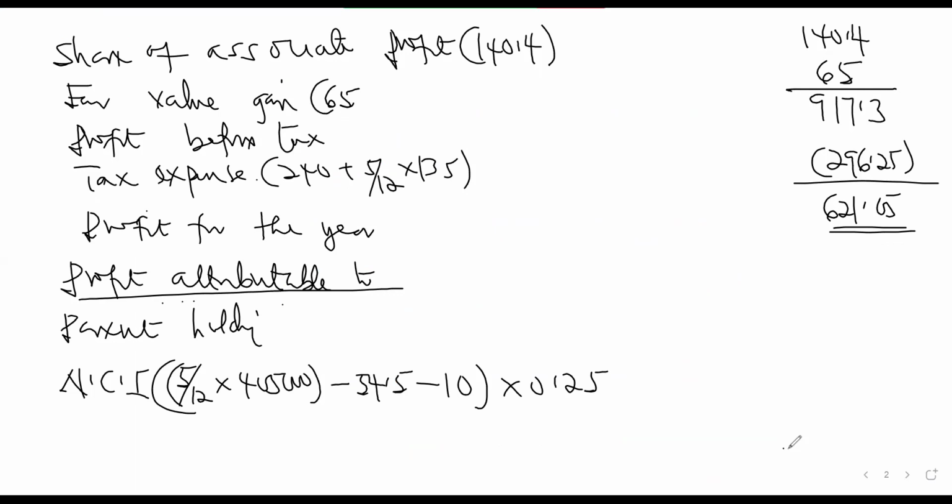So I'm having the NCI share to be 26.0625. Is that correct? Yes. Okay. What is the total profit for the year? 621.05. So if NCI is taking that, then it means that the remaining portion will be for the parent, isn't it? So you just take the NCI share of this, and you have that particular one.